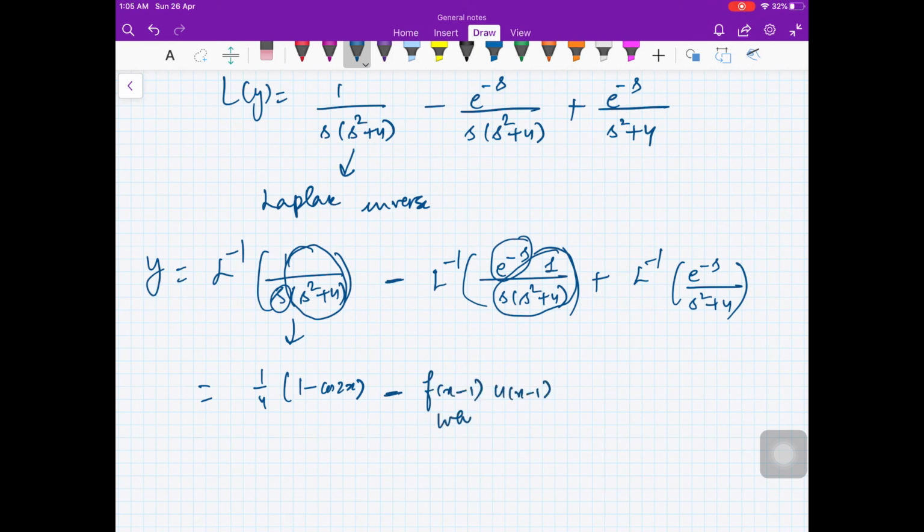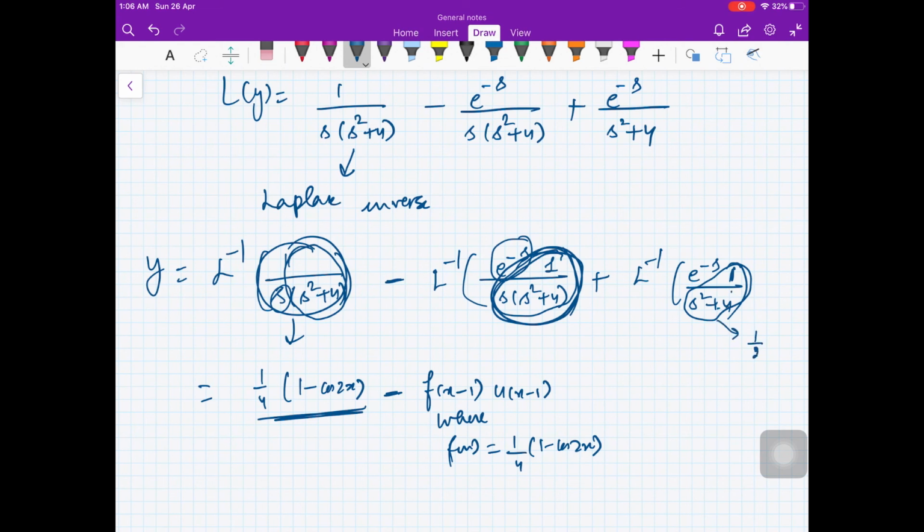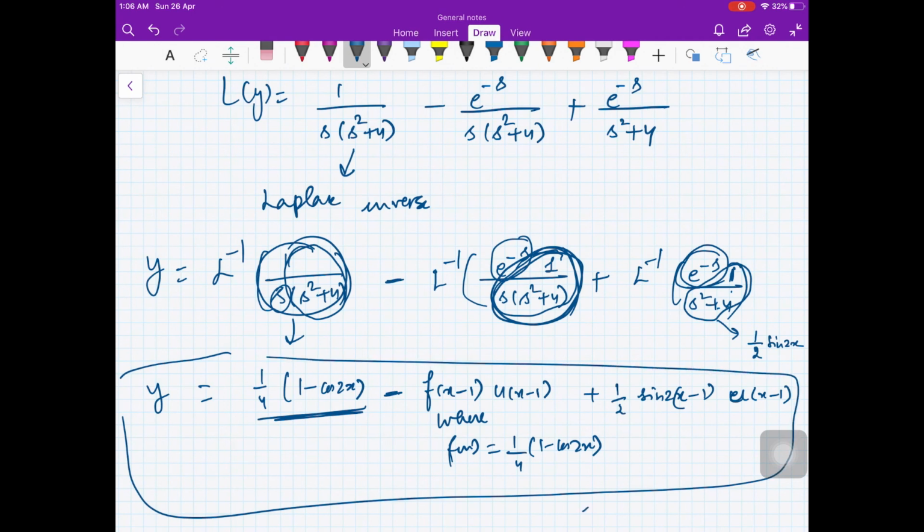This is equal to f of x minus 1 into u of x minus 1, where f of x is this function, because the Laplace inverse of this function is the same. It is equal to 1 by 4 into 1 minus cos of 2x, and the Laplace inverse of 1 upon s square plus 4 is 1 by 2 sine 2x, and when you multiply with e raised to minus s, you will get 1 by 2 sine 2(x minus 1) into u(x minus 1). So this is your solution.